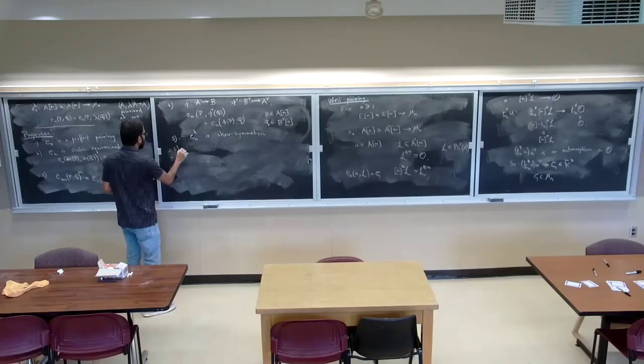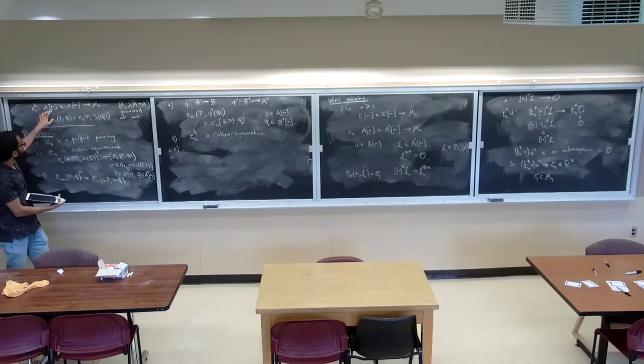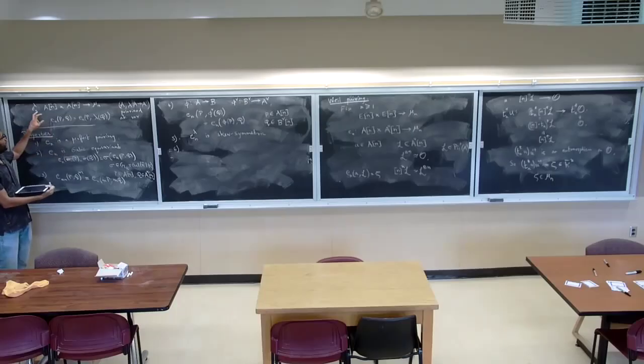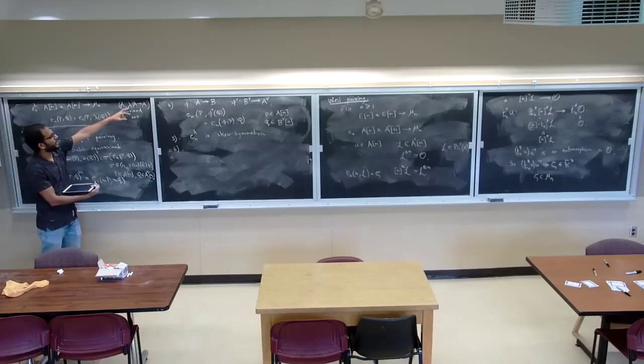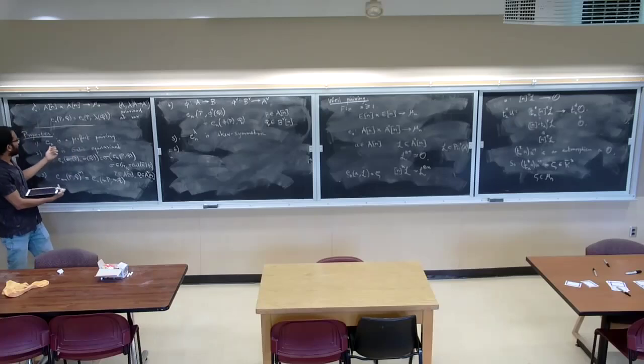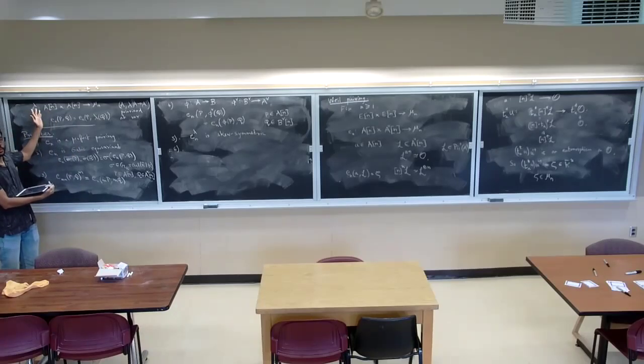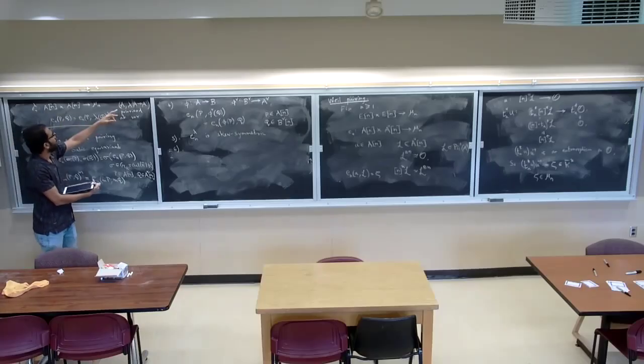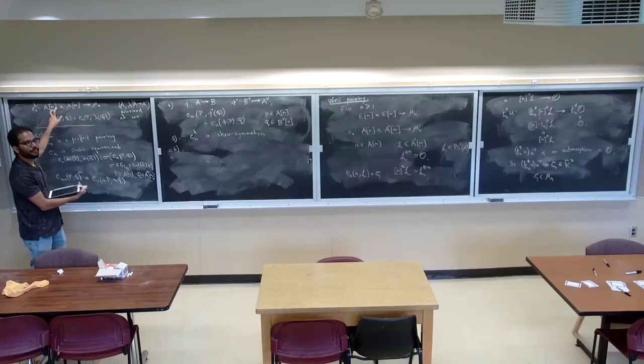And I am mainly interested in this pairing, and so I want to know when this is perfect. As long as the degree of this isogeny doesn't interfere with what is going on, this will still remain perfect. Okay. And this doesn't interfere if the degree is co-prime to n.